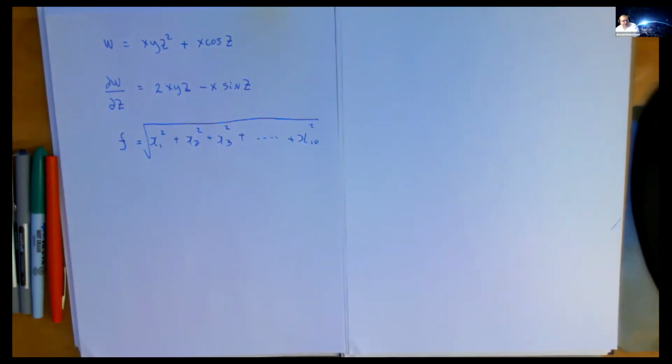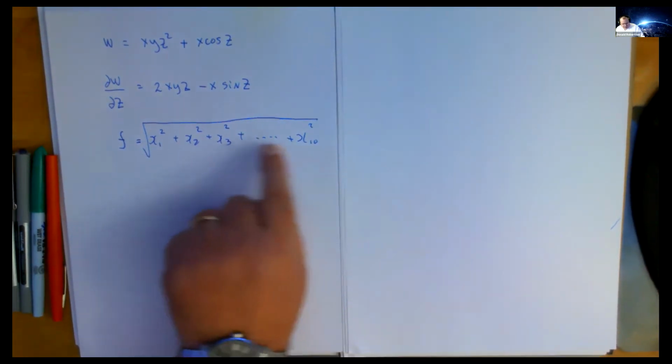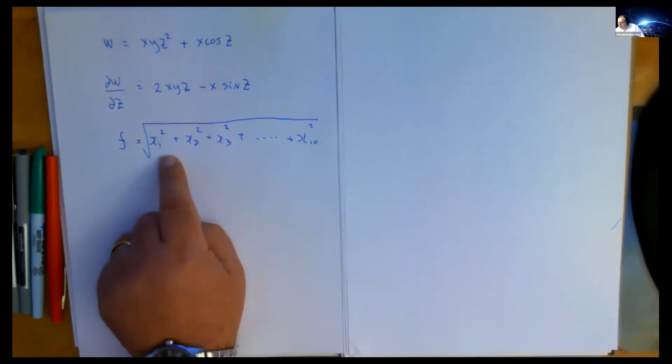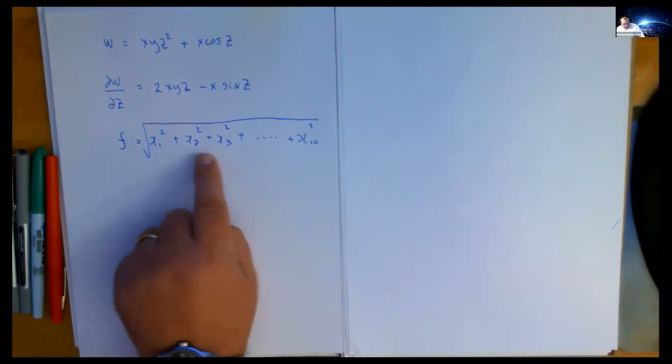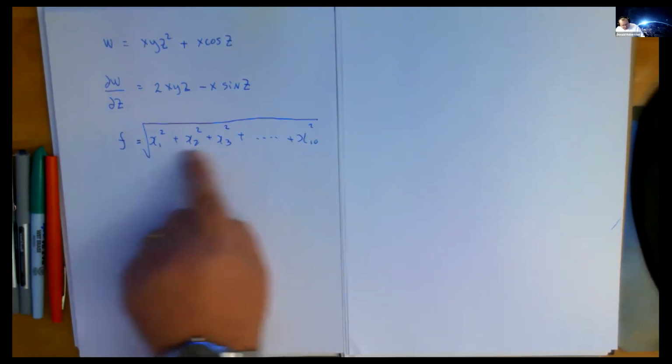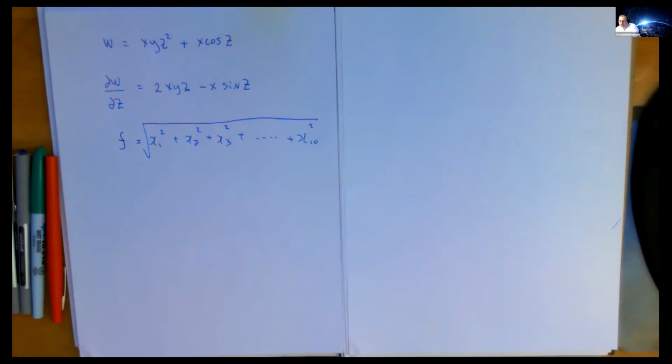I've just given you the equation of the length of an object in 10-dimensional space. Each variable is given a little subscript. So x1 is like x, and x2 would be like your y, and x3 is like your z. Do you see, by using this notation, couldn't I do a 200-dimensional function if I felt like it?